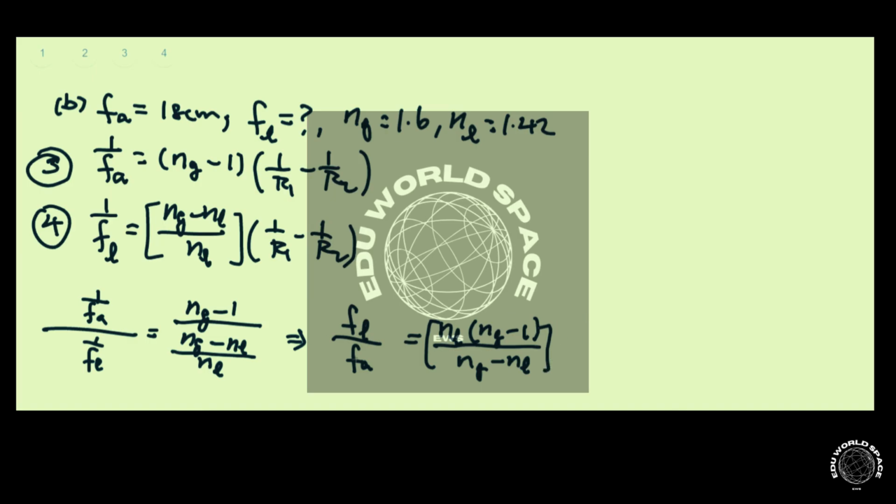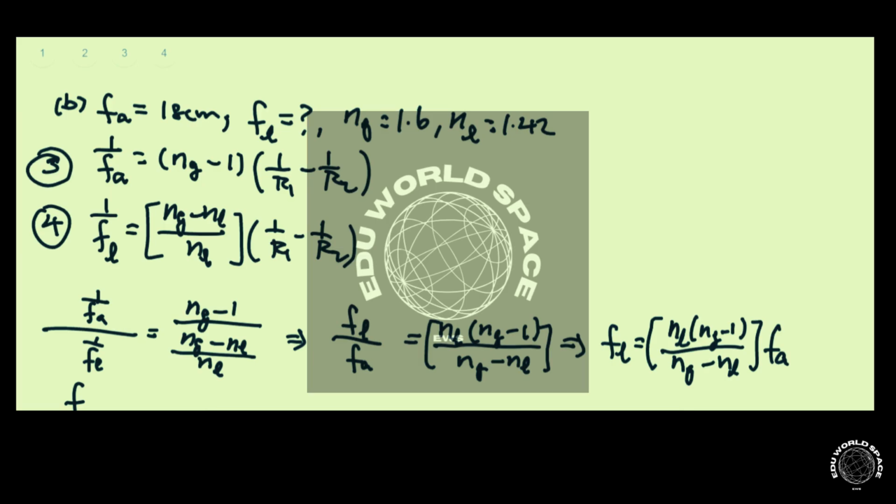Let's move FA over to this side. So then I have FL is equal to NL times NG minus 1 over NG minus NL, all of that times the focal length in air. So now we have an equation that will tell me the focal length in the liquid if I know the focal length in air and all the indices of refraction.